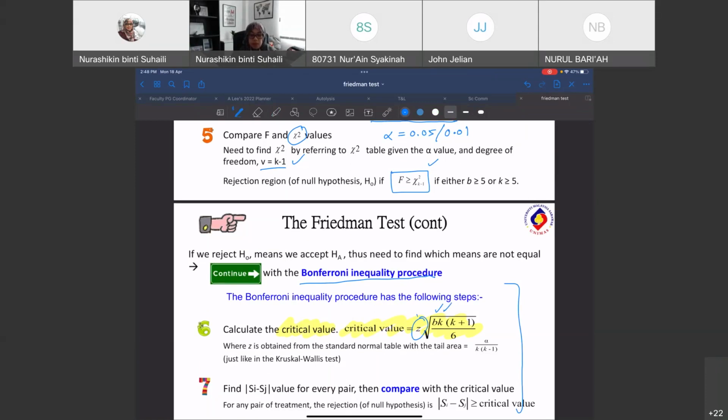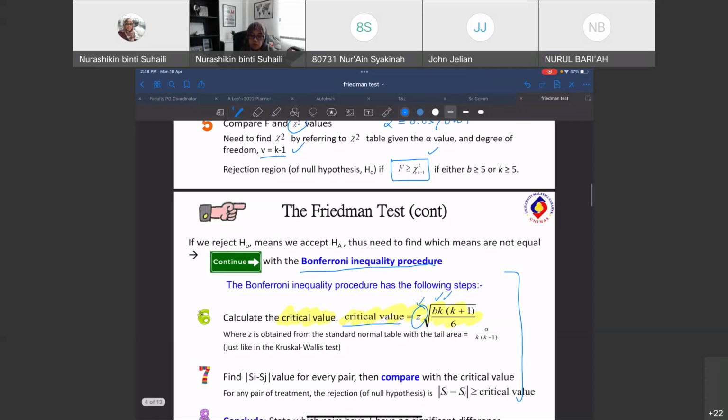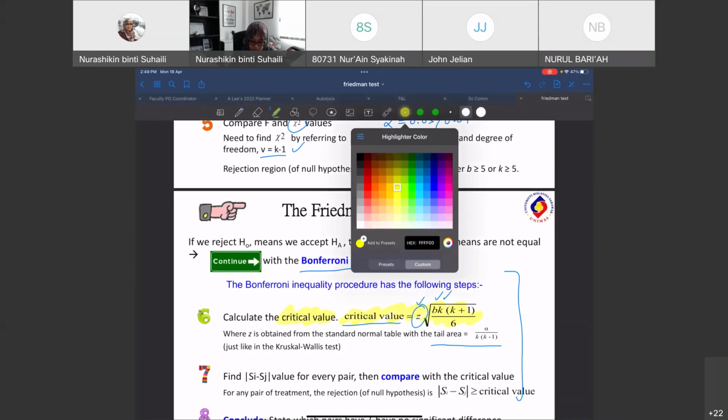But you need to know Z first. You cannot solve the critical value without knowing the Z value. So how are you going to solve the Z value? You have to use this information. You have to solve the tail area first, so you have to refer to the standard normal table.